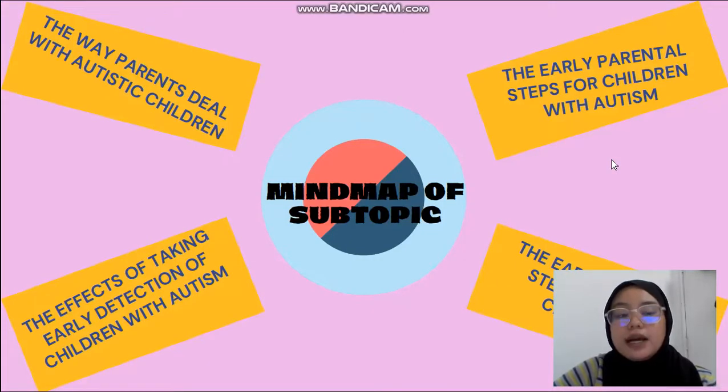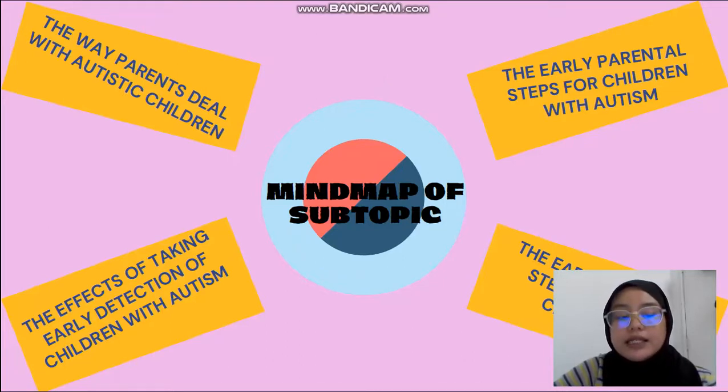So this is my mind map of subtopic, which is in my final year project, and this is a few of the subtopics. And the first one is the way parents deal with autistic children.